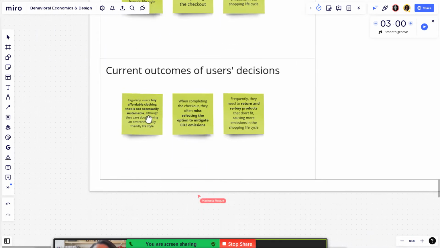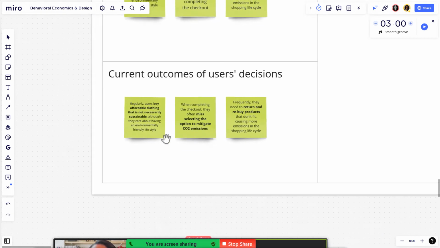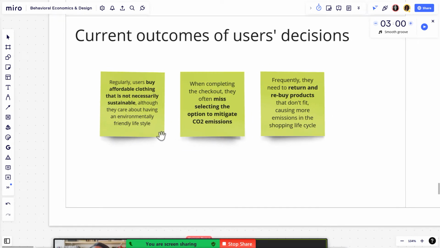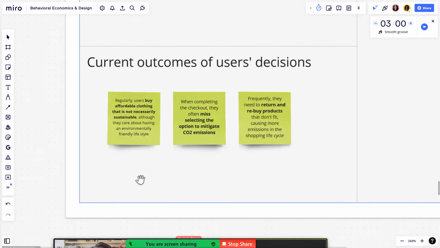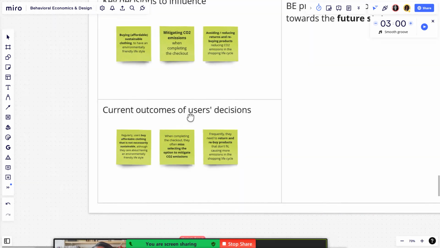The current outcomes, as we discussed previously, are that users tend to buy not necessarily the most sustainable, but rather the cheapest one. When they complete the checkout, they miss selecting the option to mitigate CO2 emissions, and frequently they need to return products and rebuy because the product doesn't fit or they don't like it anymore, and that generates a lot of emissions. So that's our current situation.